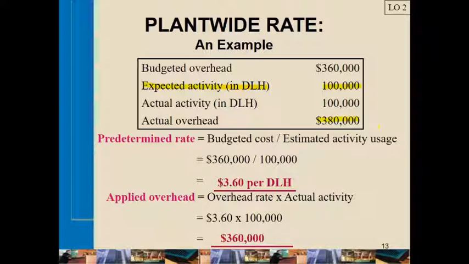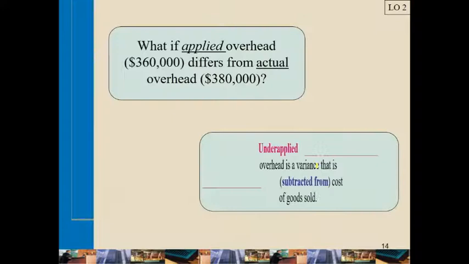The difference between your actual overhead and your applied overhead is what you call your overhead variance. The overhead variance will also be discussed in your cost accounting. Your managerial accounting and cost accounting are connected. So again, the difference of your actual and applied overhead is your overhead variance.